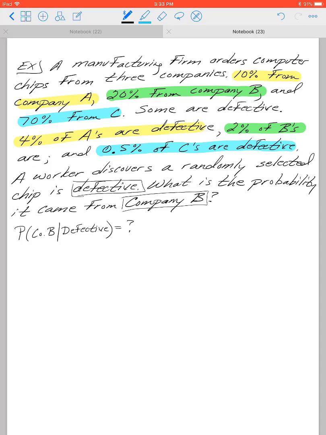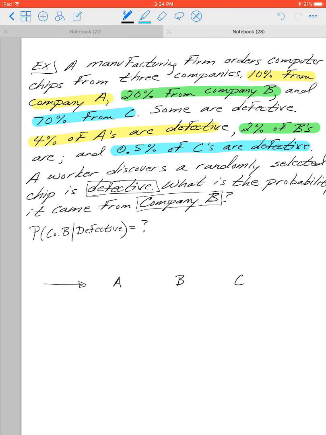Okay, but let's see. So first we have company A, then we have company B, then we have company C. Now what I want you to notice is, because I've drawn this vertical, I always start off with different levels. I will have my first level of whatever's going on, whether it's a decision or something that we're looking at, listed straight across. Every time I try to use my hand to do the side to side, it keeps flipping the screen.